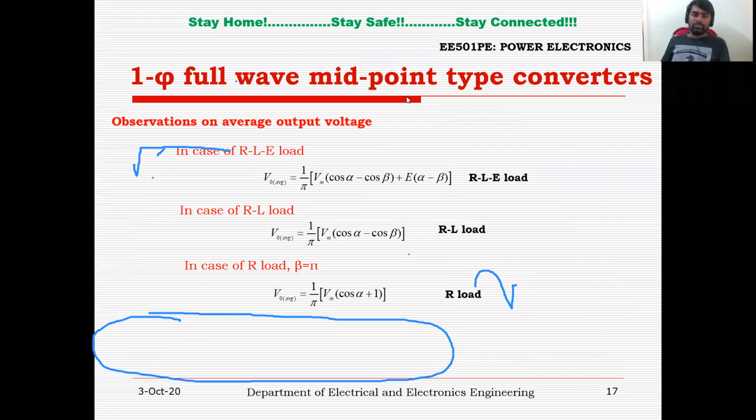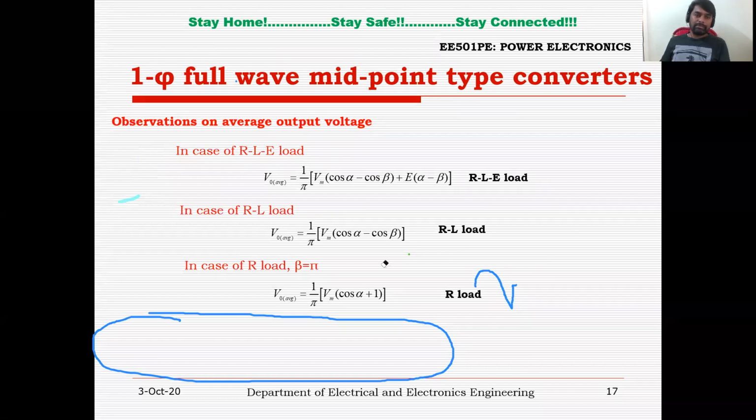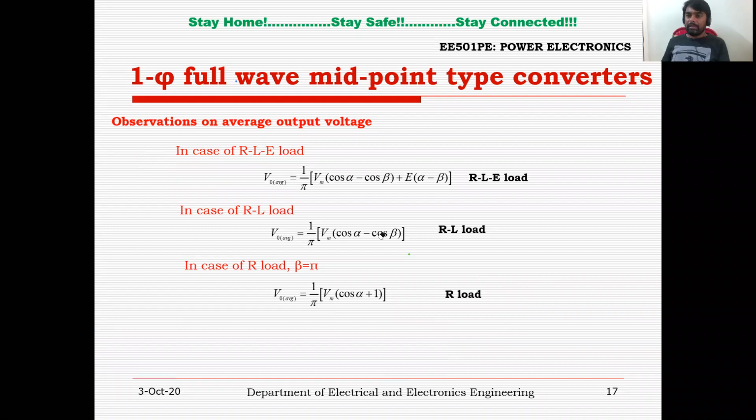Now we are going to have some observations on the average output voltage. Here I am going to explain how we get the average output voltage as well as the RMS output voltage for R and RL load if you know the expression for RLE load.